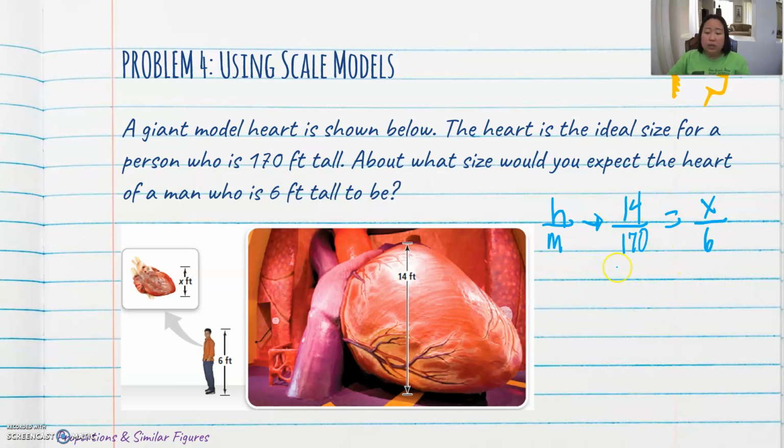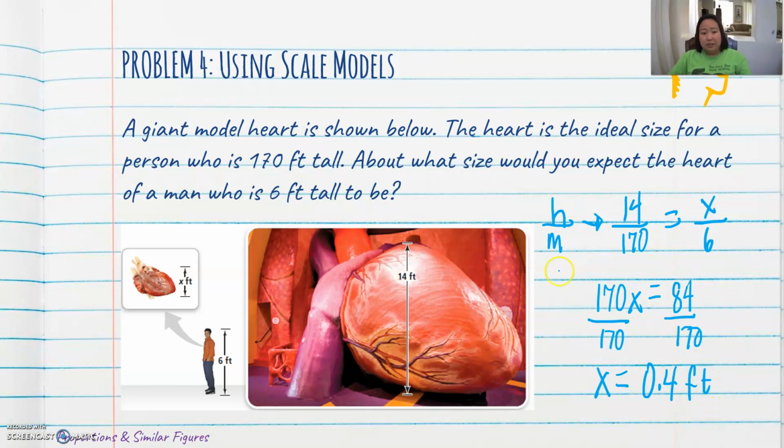Just the usual, we use cross multiplication. This is now going to be 170x is equal to 14 times 6, which is 84. You divide by 170, and x is approximately equal to 0.4. As for the unit of measurement, remember everything was measured in feet, so that's going to be 0.4 feet.